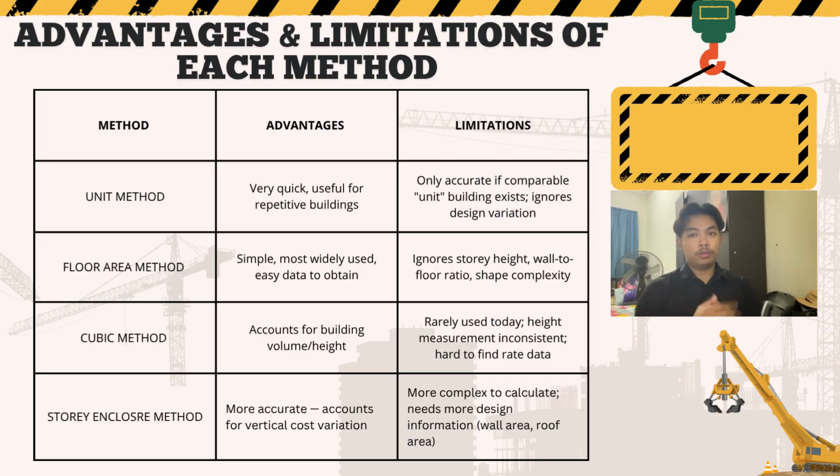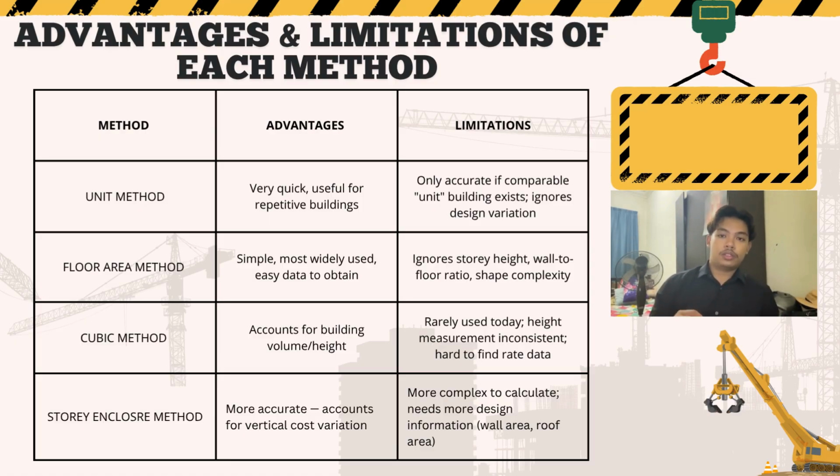Now, comparing all four methods, each has its own strengths and weaknesses. The unit method is very quick and works well for repetitive buildings, but it's only accurate if a truly comparable building exists. The floor area method is simple and the most widely used, but it ignores things like story height and building shape.